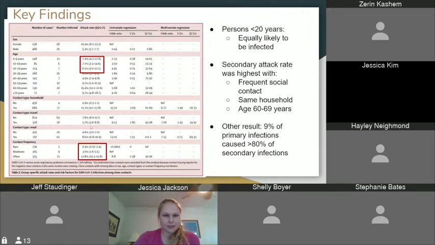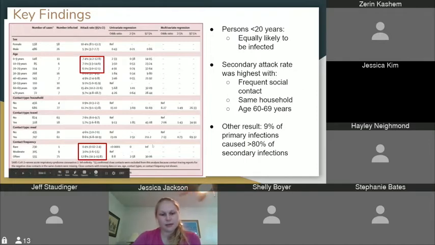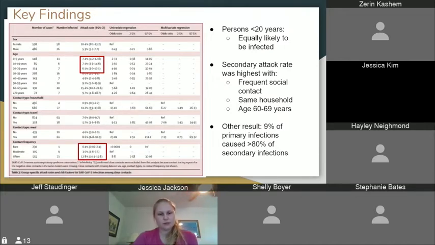Other important findings that you can see in this chart is that the household and having frequent contact with the primary case were the strongest factors associated with becoming infected.